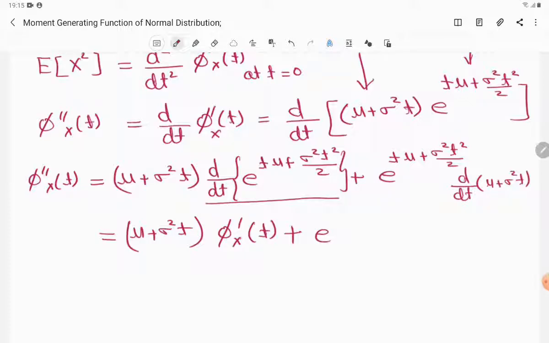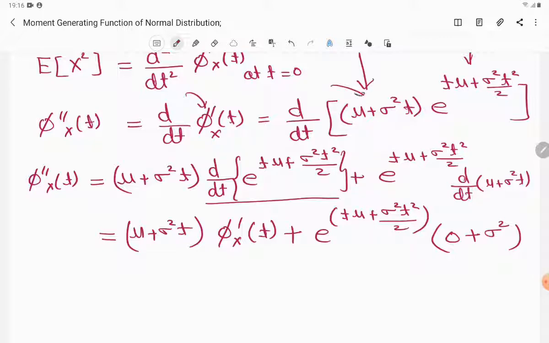And in the second term, inside this bracket, because mu is constant, its derivative will be 0, and sigma square is multiplied with t, so you will have sigma square. Now I already know the value of phi x prime t. You can see I have written inside this bracket the function which I was evaluating.